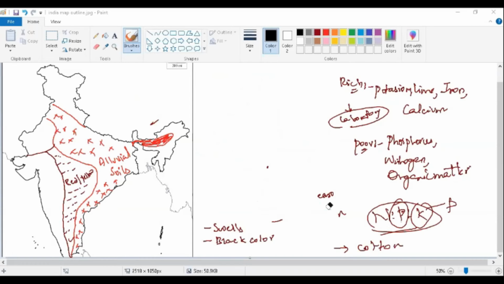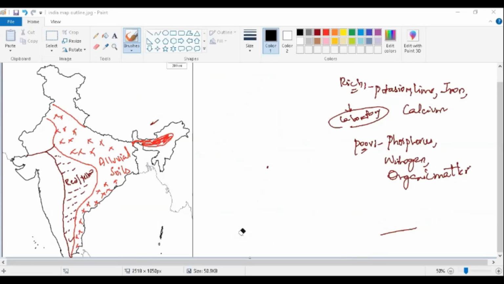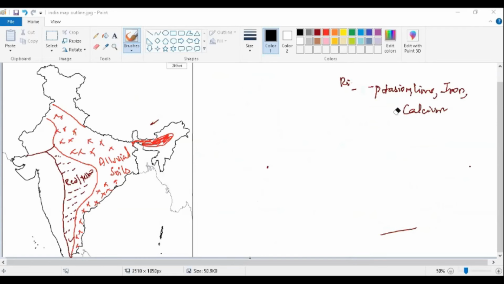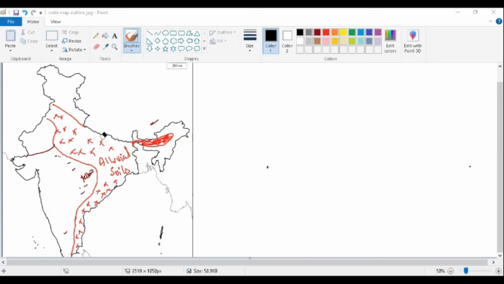Black soil location. Okay, I'll do it. I'm extending it larger, so it should be like this. Right?